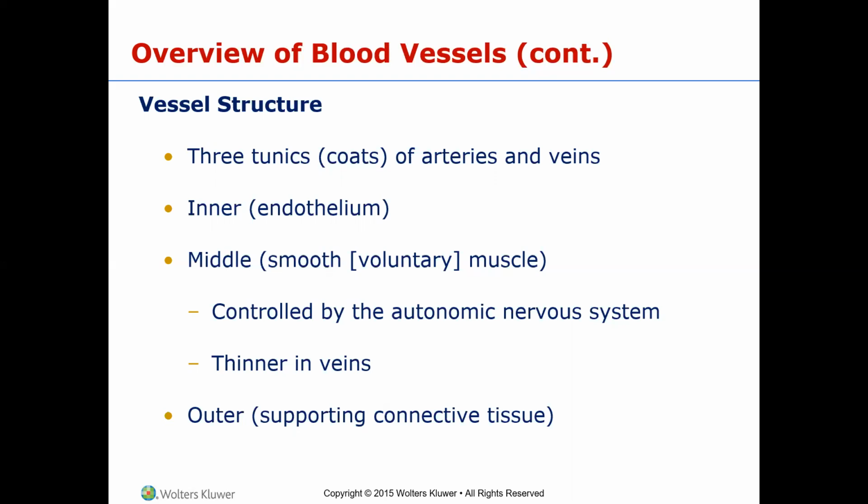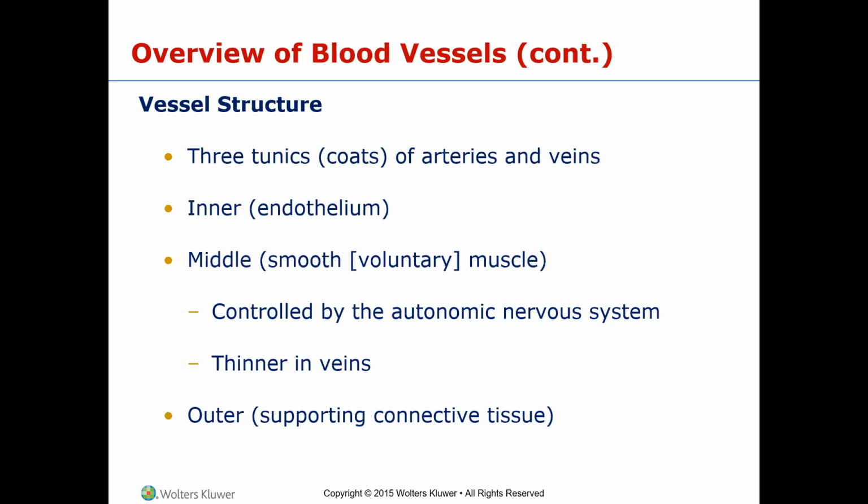The capillaries, on the other hand, have only one layer, and that's where most of the exchange of the oxygen and the nutrients occurs, with those outlying tissues that are surrounding the capillaries. Veins have that thin muscle layer, but as compared to the arteries, it's much thinner.